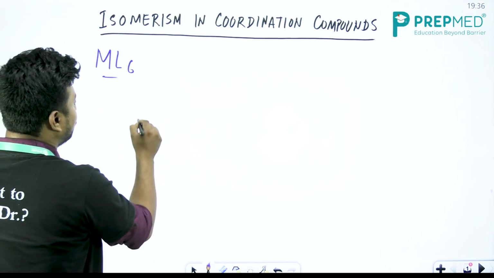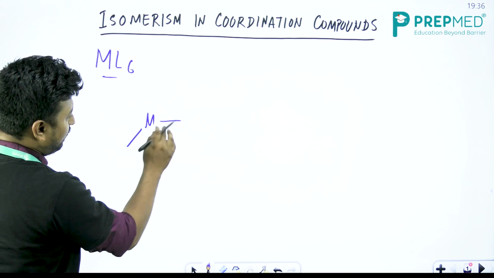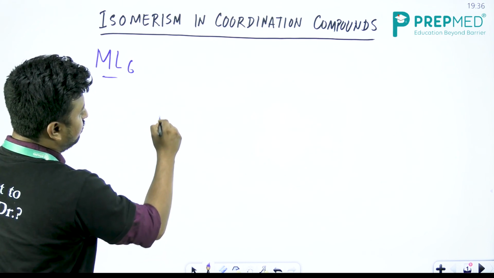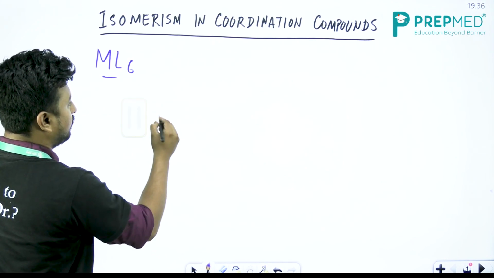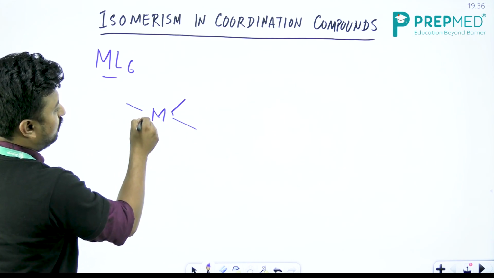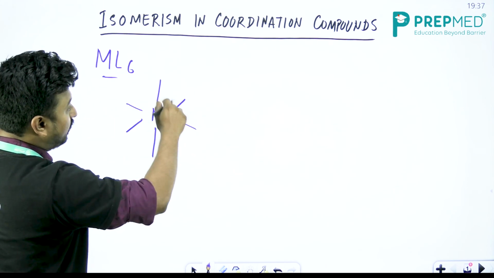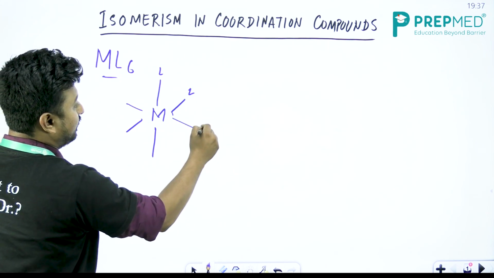So if we draw the structure here, it will be like this, M, correct, 4 equatorial and 2 axial, like this.